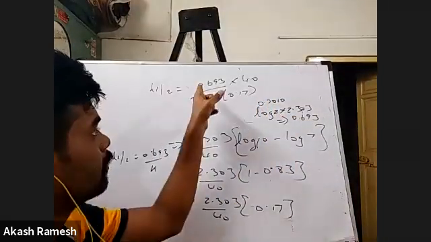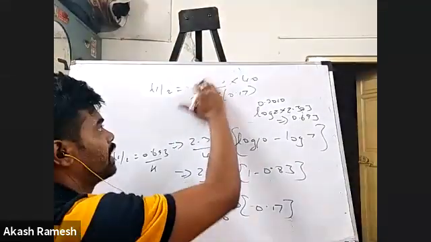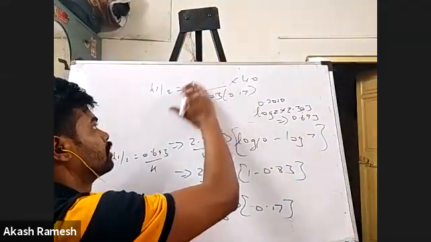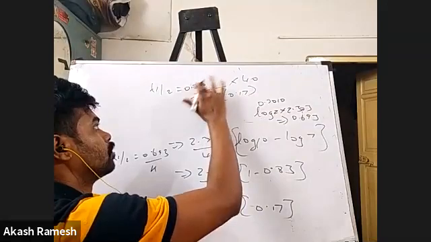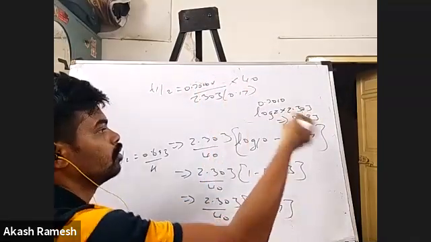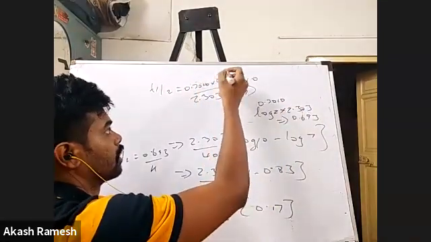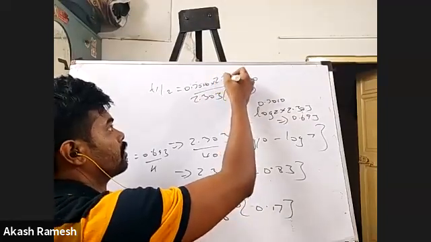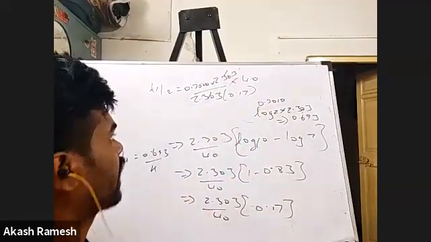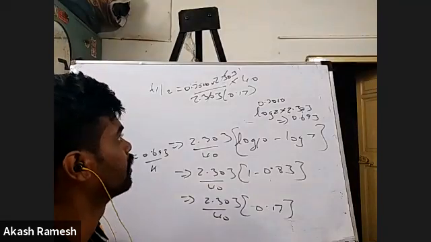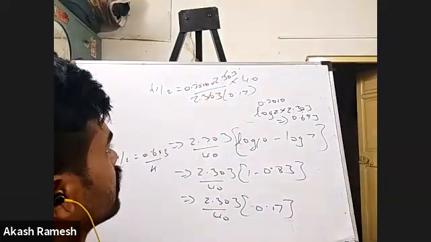If I write this as 0.3010 into 2.303, this and this get cancelled. So 2.303 got cancelled.